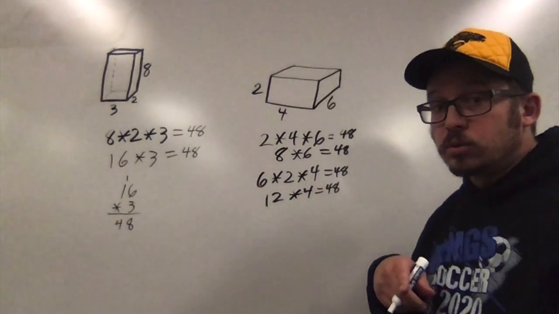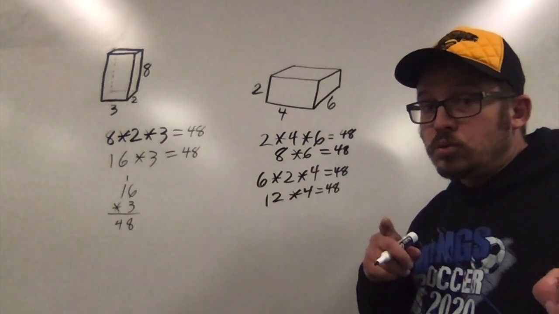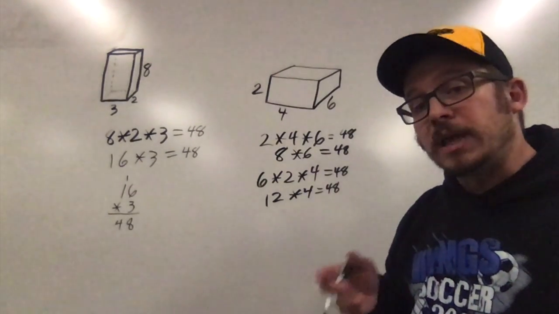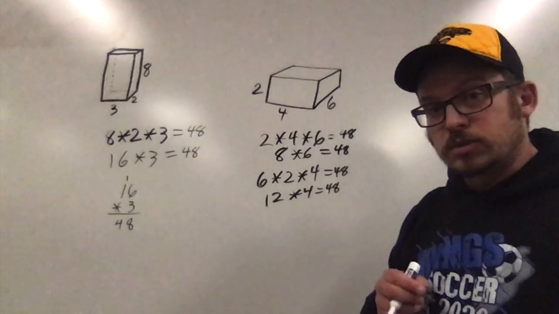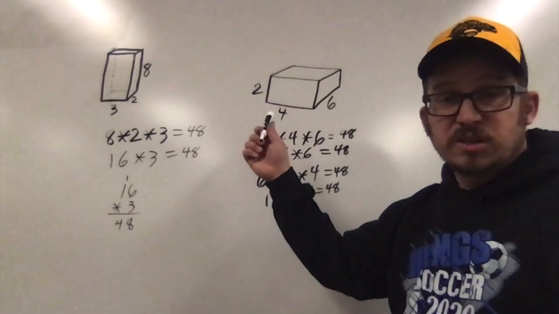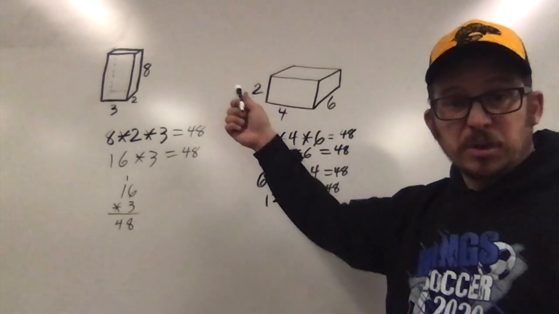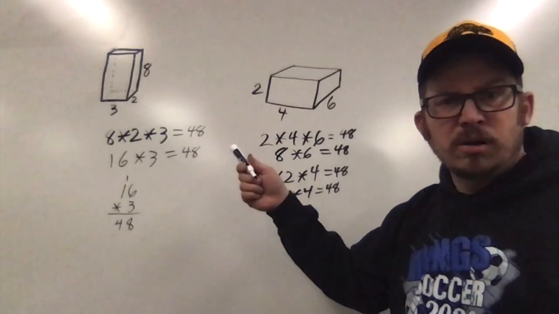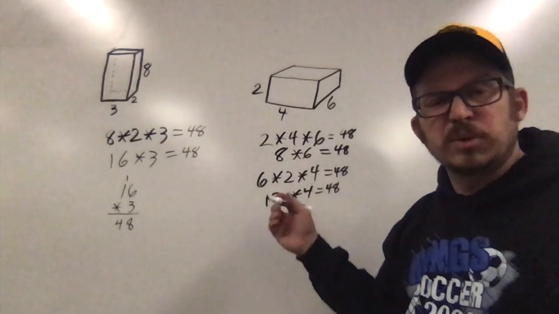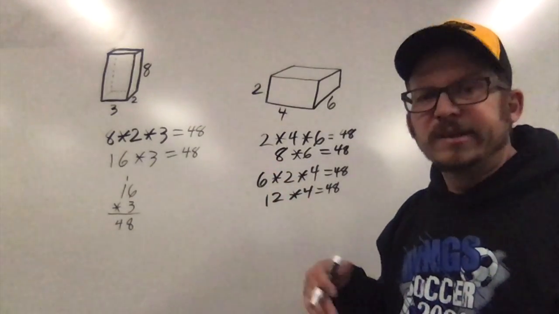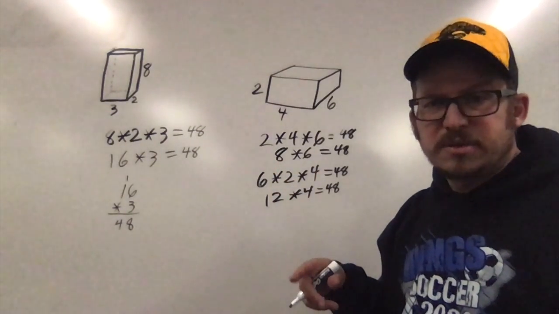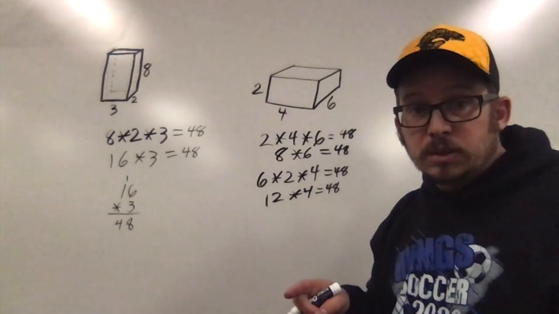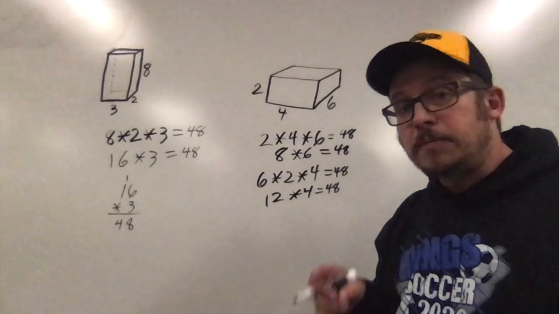Here's a cool thing. Two or more prisms can have the same volume even though the measurements are different. This one's going to be a slightly different shape than that one. They're both rectangular prisms, but that one's tall and this one's kind of long. Volume is not determined by what the shape is.